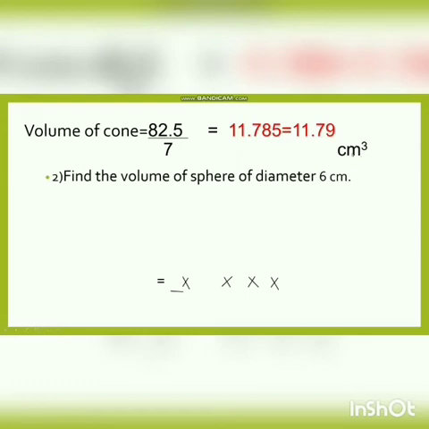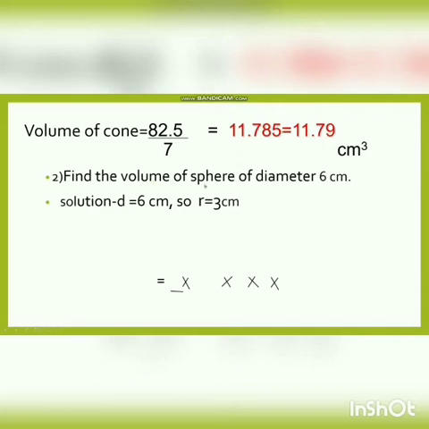The unit of volume is cube, centimeter cube. So the volume of cone is equal to 11.79 centimeter cube. Now see the second example on the screen.